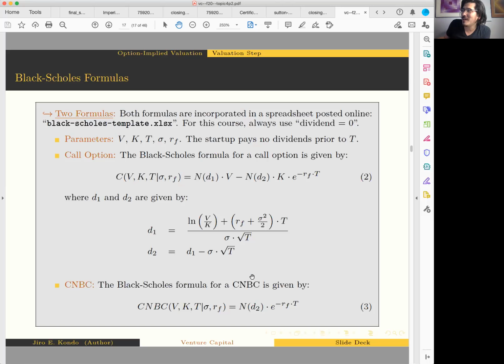But this formula and this formula are 100% logically consistent with each other. At a practical level, these are just 2 formulas we can use to help guesstimate what the value of the orange and the value of the cherry are in this particular context, where the orange is the call options and the cherry is the CNBCs.